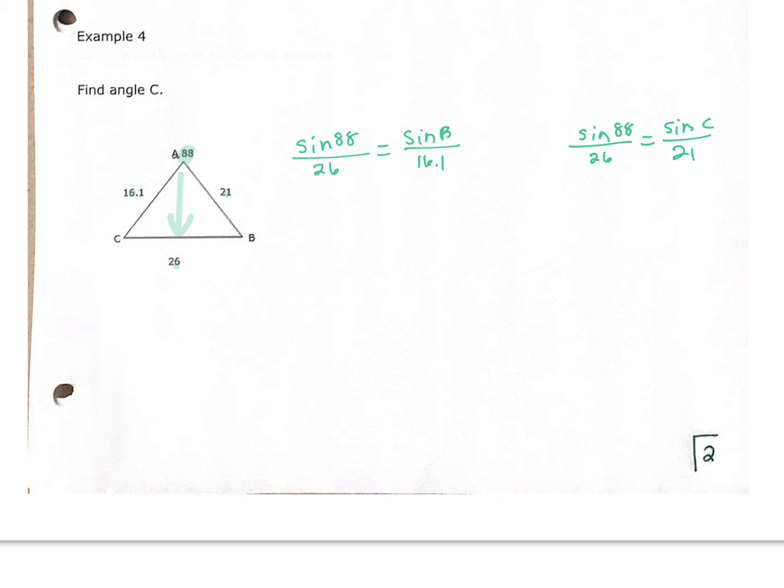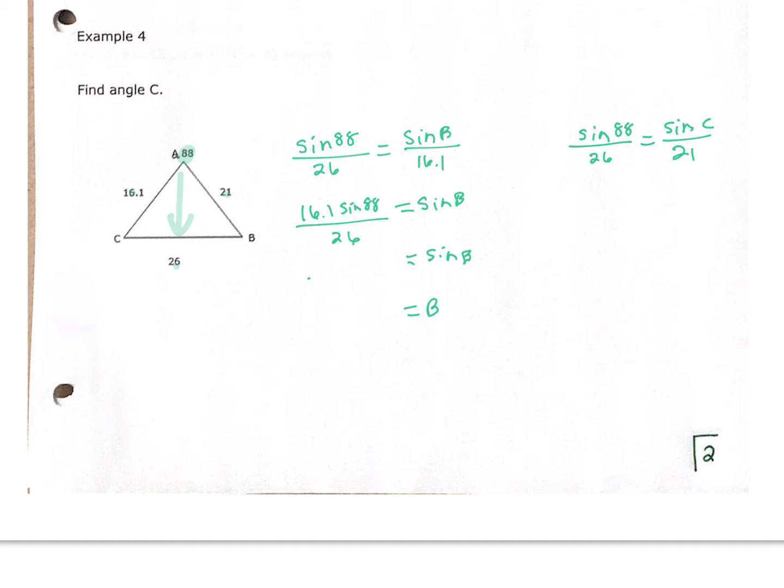So guys, there's a little more work involved on this one because we've got to do, in this case, the sine of B is going to be equal to 16.1 times the sine of 88 all over 26. So we get a long decimal for that. I'll ask you what that is in just a second.